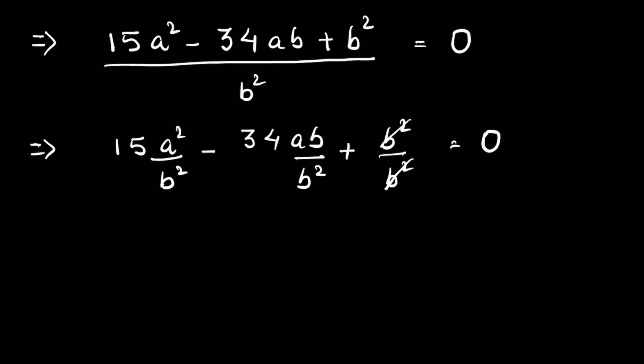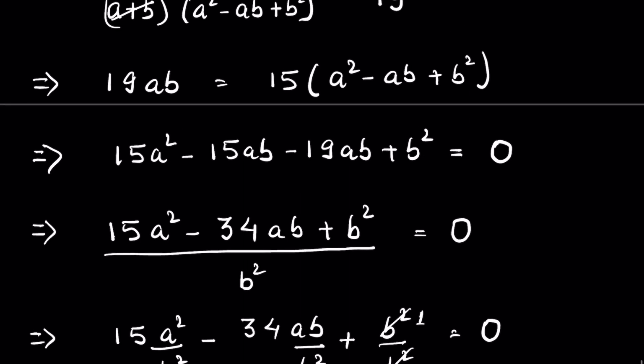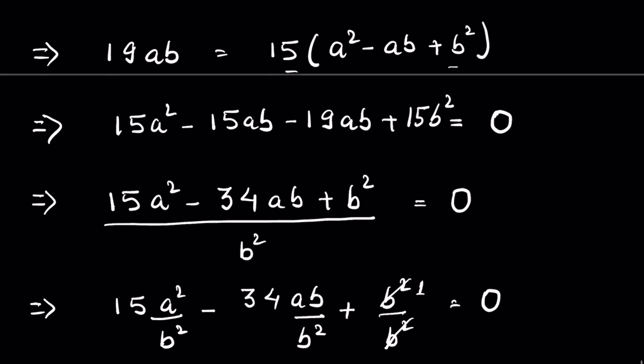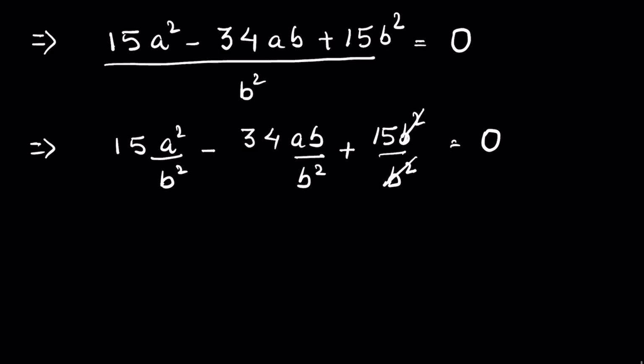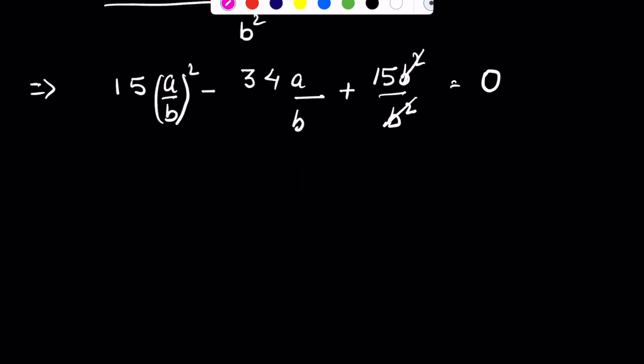Sorry, this will be 15b square because 15 multiplied to b square. So this b square is cancelled. This a square upon b square we can write it as a upon b whole square and this ab upon b square will be a upon b. Now let's again assume that a upon b is equal to m.